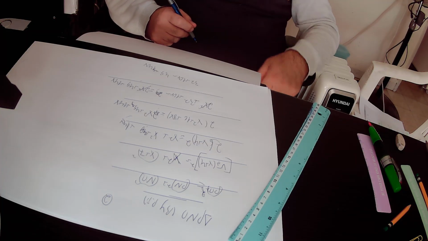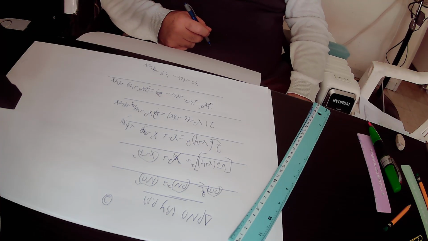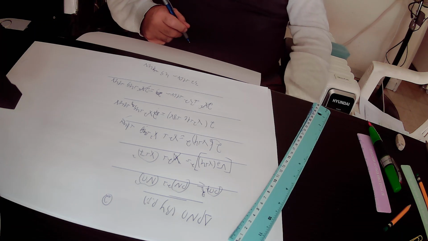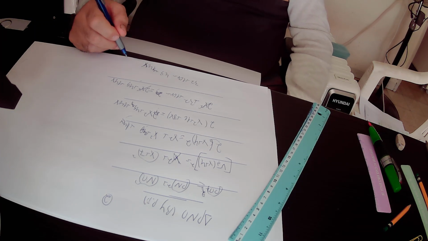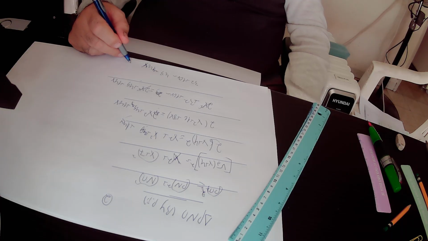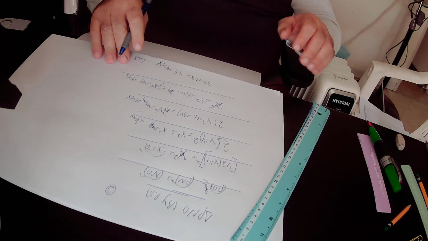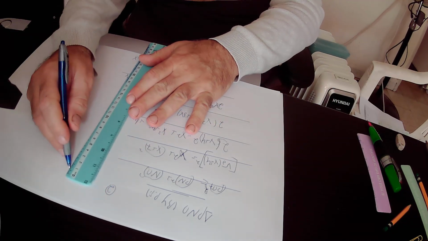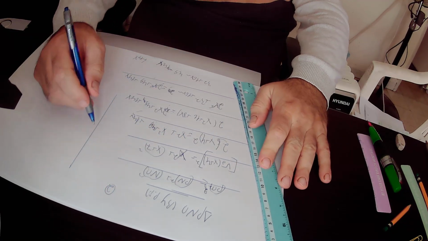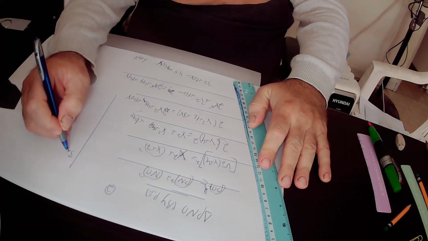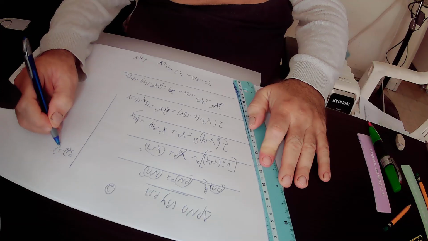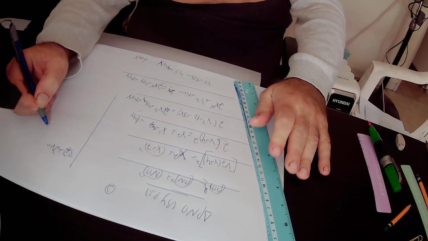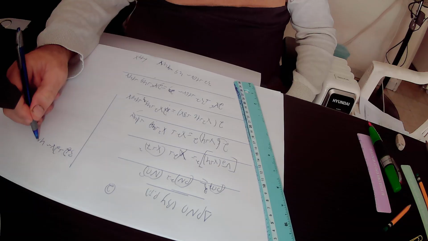So now we found that 32 plus 16x equals 49 plus 14x. Here we subtract 14x from the equation, and 16x minus 14x is 2x, so 32 plus 2x equals 49.